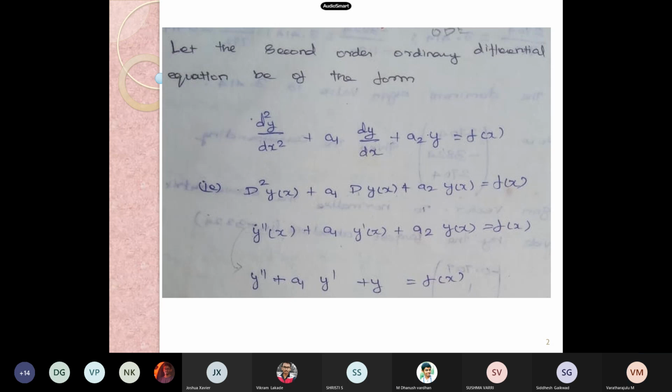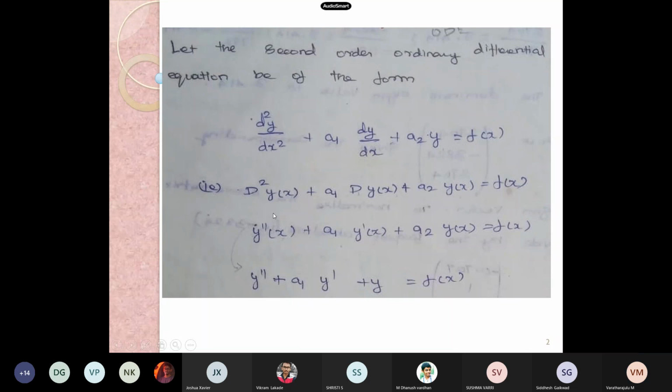Yes, sir. Okay. See, this is the second order ordinary differential equation. I am writing d square y by dx square as y double dash, which is differentiated with respect to x 2 times. So y double dash plus a1 into y dash plus a2 y is equal to f of x.